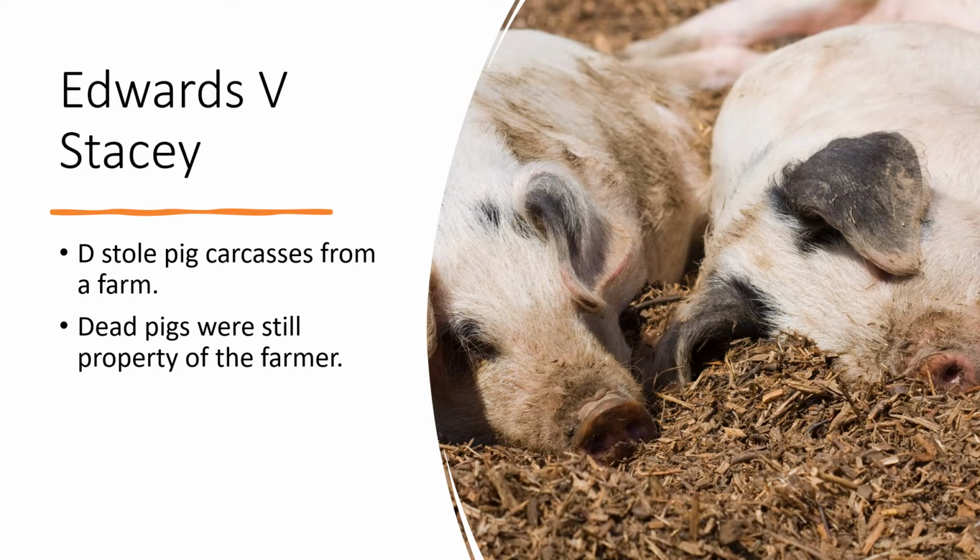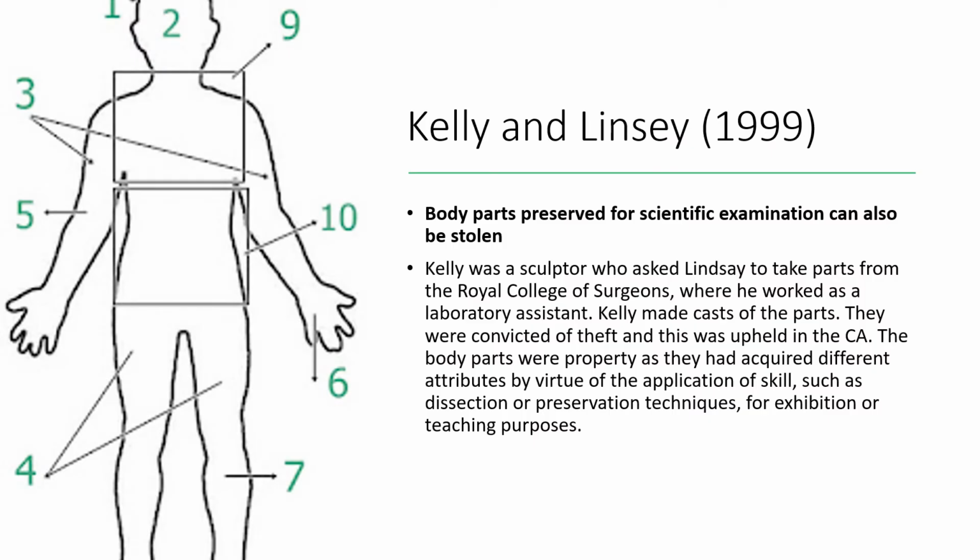In Edwards and Stacey, the defendant stole pig carcasses from a farm. Now these dead pigs were still the property of the farmer. In Kelly and Lindsay, body parts preserved for scientific examination were stolen. Indeed, Kelly was a sculptor in this case who asked Lindsay to take part in Royal College of Surgeons where he worked as a lab assistant.